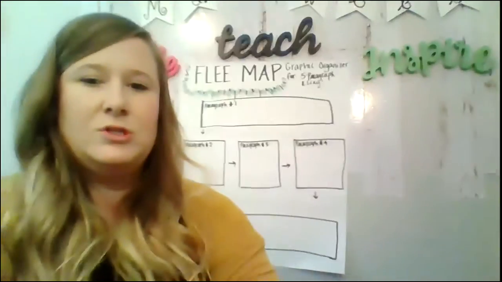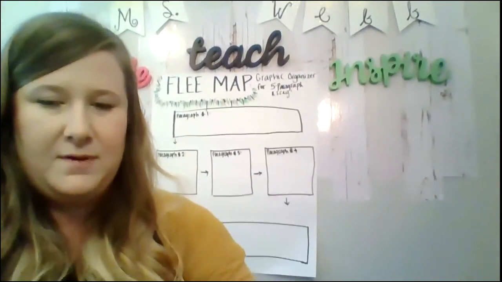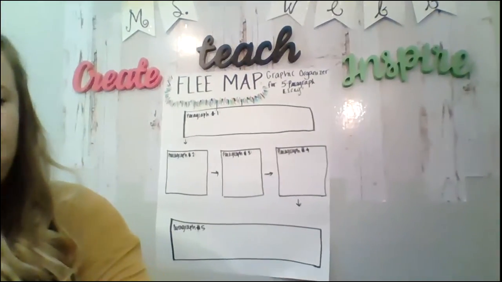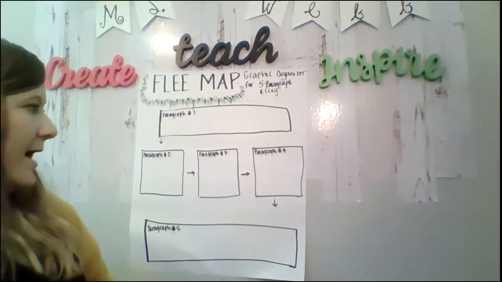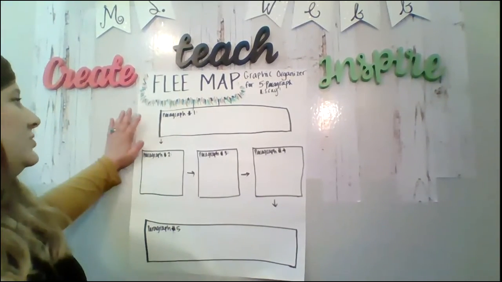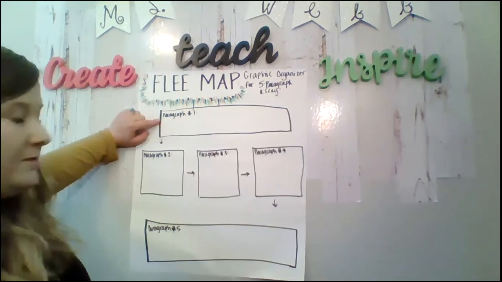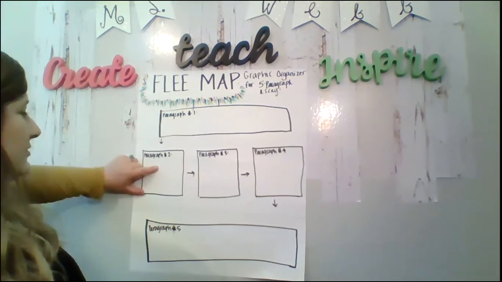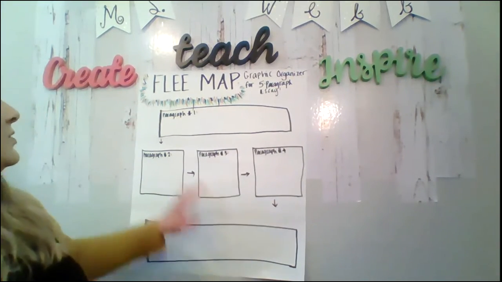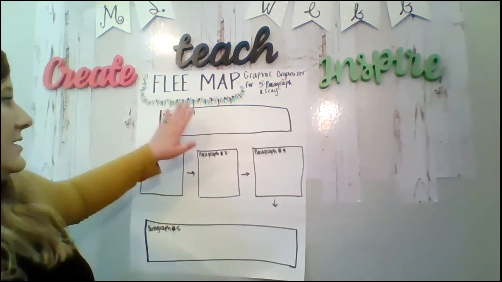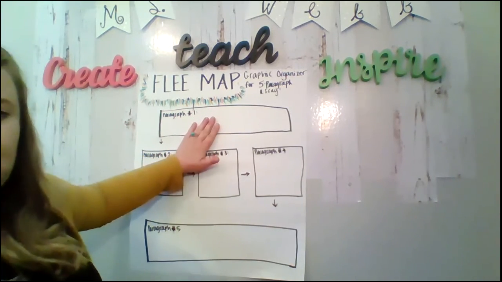Okay, so we have here a flea map example. So if you were going to write your own flea map, all you have to do is draw the boxes yourself. So you draw this top box and arrow down to this box, this box, this box, and then draw one down here. So this is where we're going to start with tomorrow.